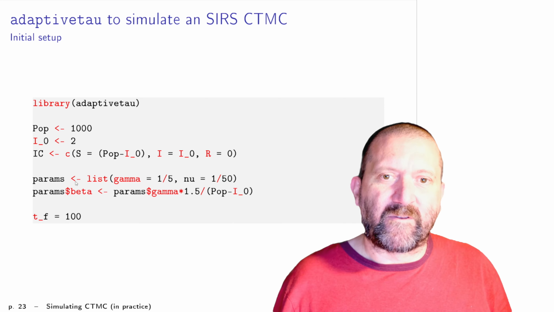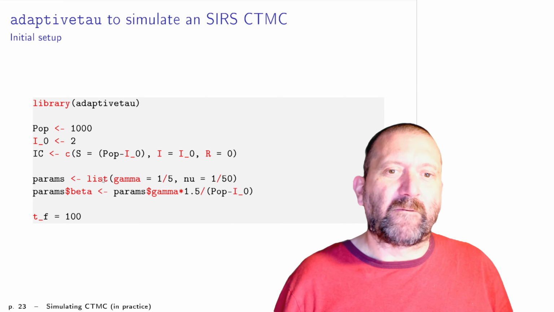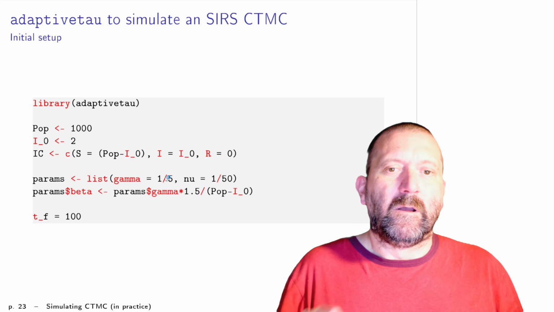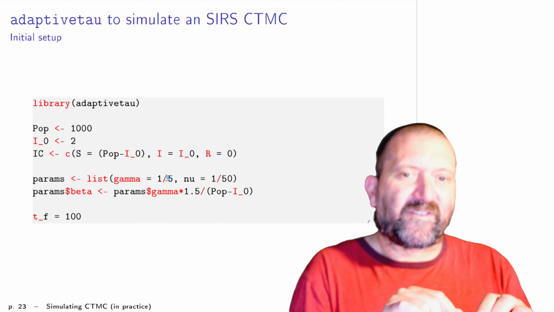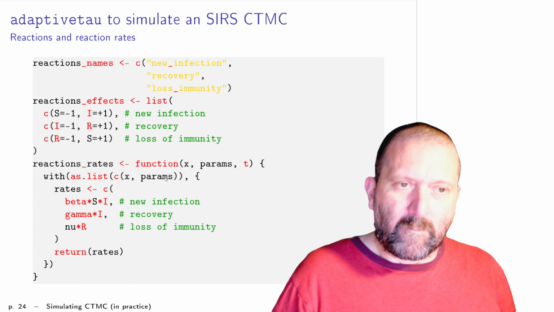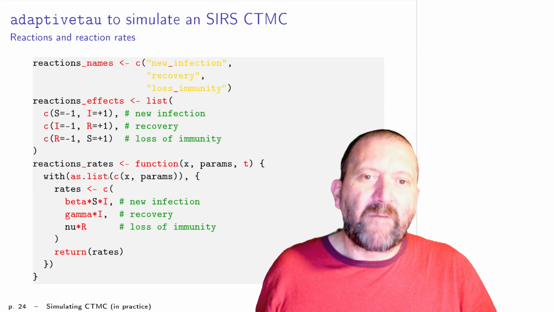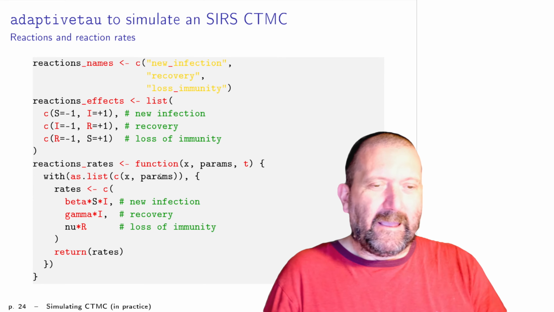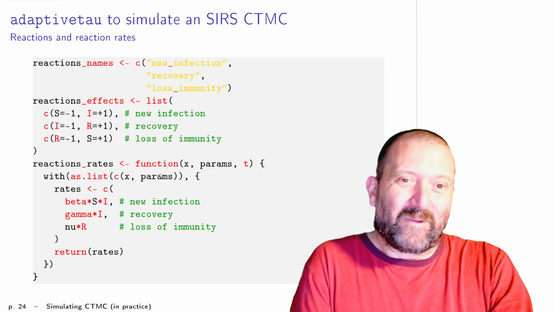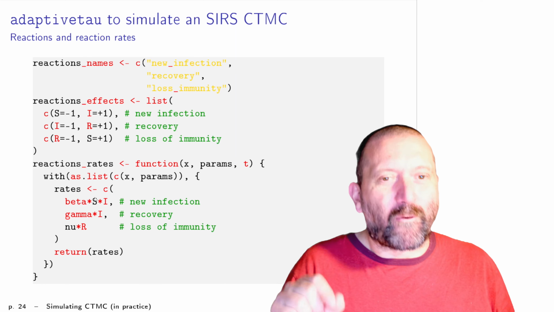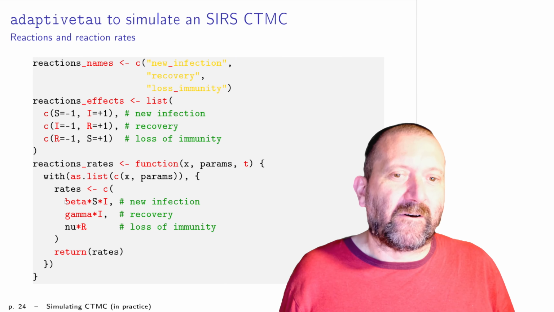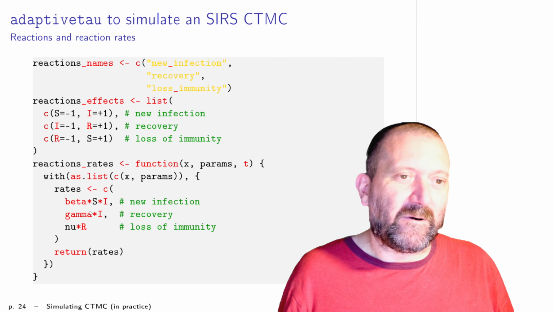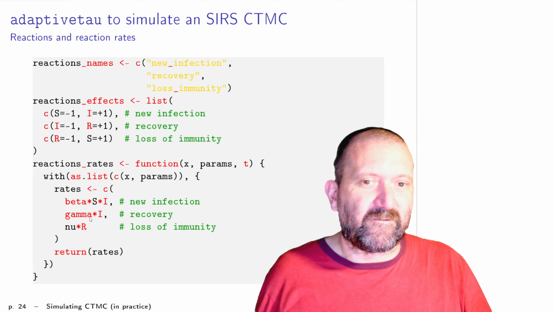I've defined the parameters to be a list, so if I want to access, for example, the value gamma, I would do params$gamma. By using this with x and parameters, it unpacks parameters, which means that instead of params$beta, I can just write beta, and instead of params$gamma, I can use gamma.